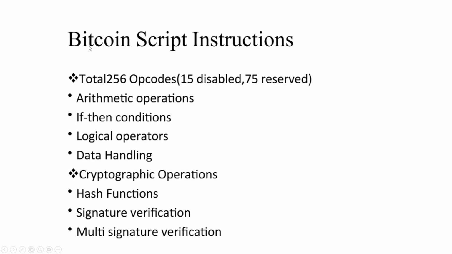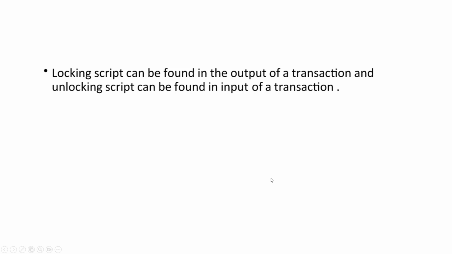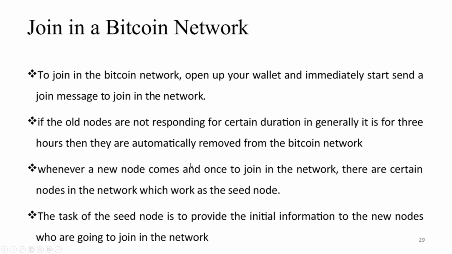Looking at the Bitcoin script instruction set, there are totally 256 opcodes which perform arithmetic, if-then, logical, and data handling operations. For cryptographic functions, it makes use of hash functions, signature verification, and multi-signature verification. Basically, the locking script can be found in the output of a transaction, while the unlocking script can be found in the input of the transaction.